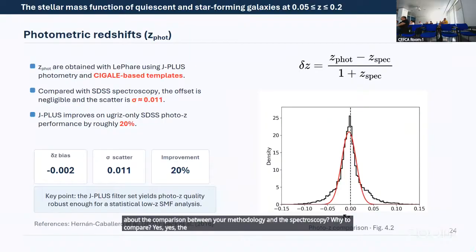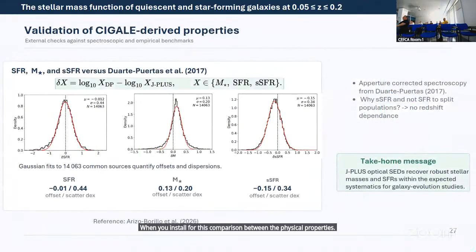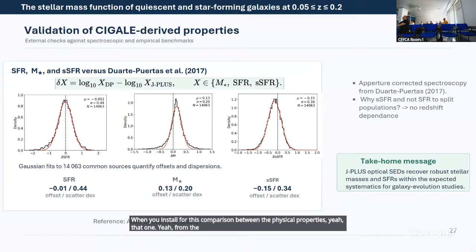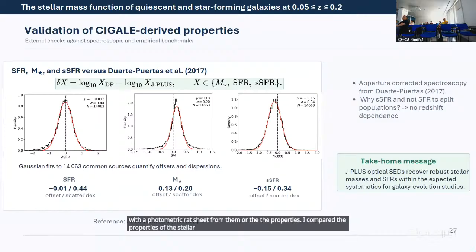When you show the histogram for this comparison between the physical properties, yeah, that one. This is spectroscopy, a very nice spectroscopic study, with Guardian Puertas. And you didn't compare with the photometric redshift from them, or the properties? I compared the properties of the star formation rates and the stellar masses. The redshift I did as well.